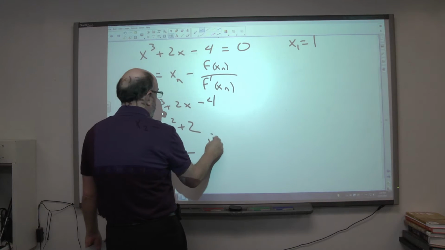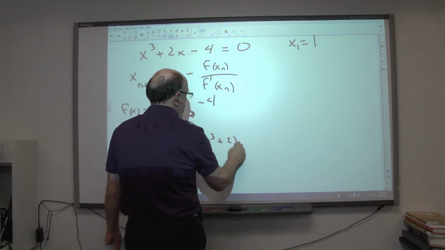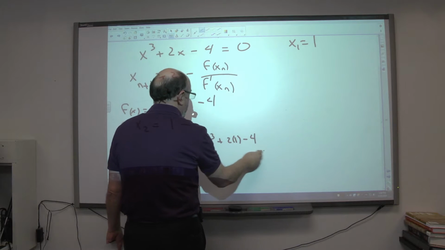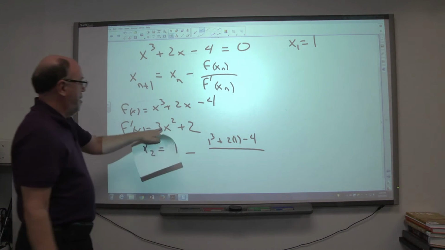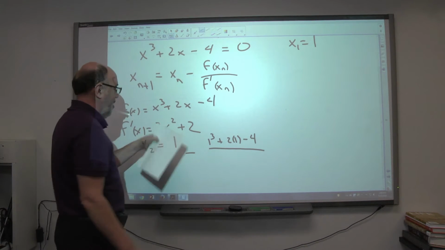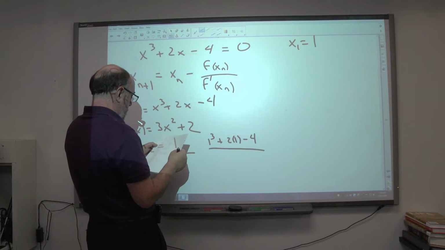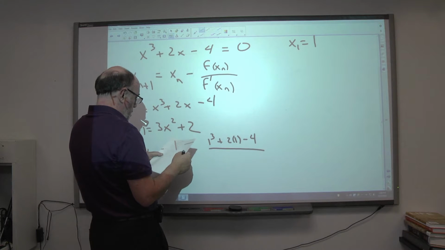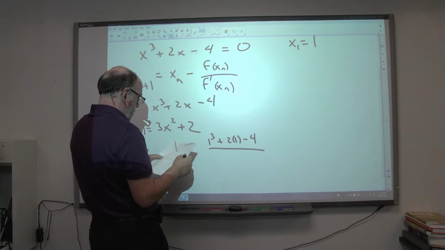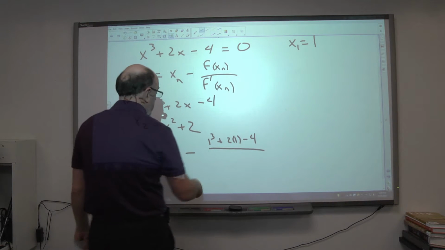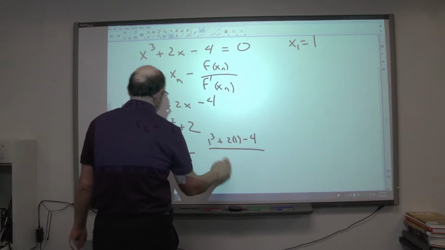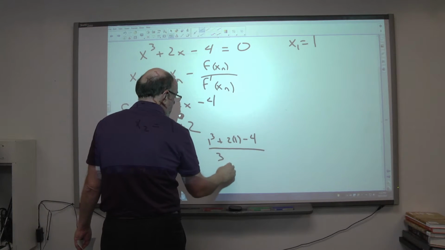So 1 cubed plus 2 times 1 minus 4 over the derivative evaluated, and so this is going to be 3 times 1.